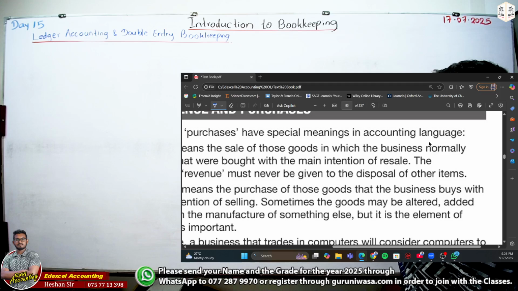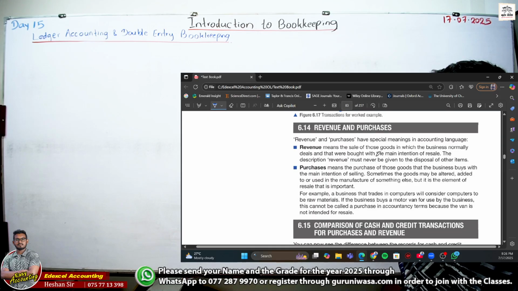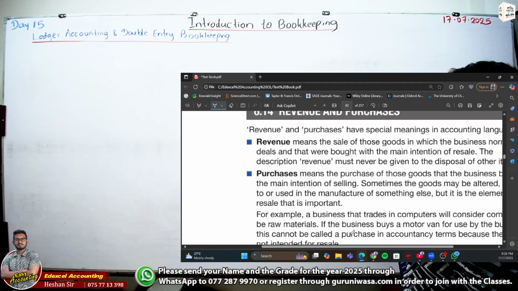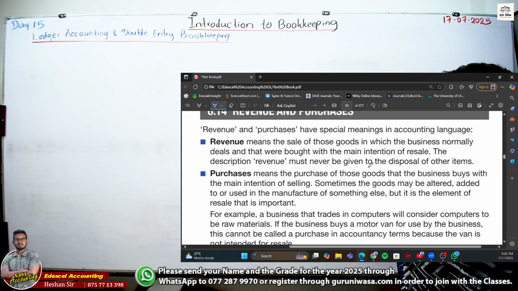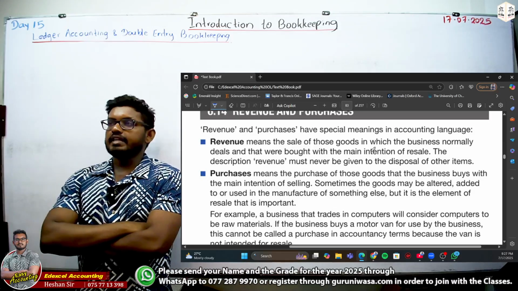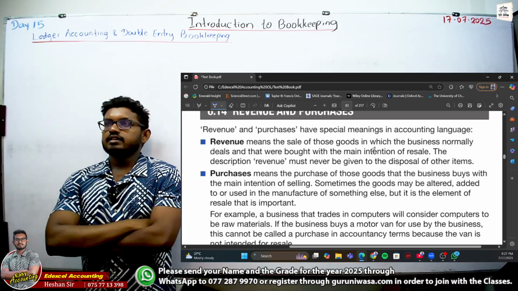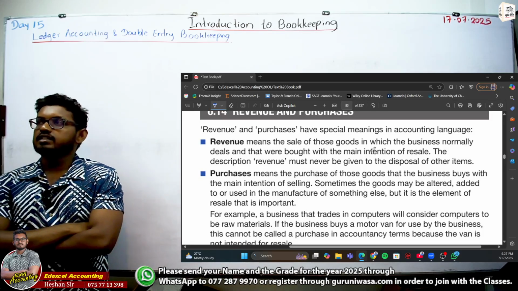Revenue and purchases have special meanings in accounting language. I told you, revenue means the sales. Revenue means the sale of those goods in which the business normally deals, that were bought with the main intention of resale. The description revenue must never be given to the disposal and other items, right?